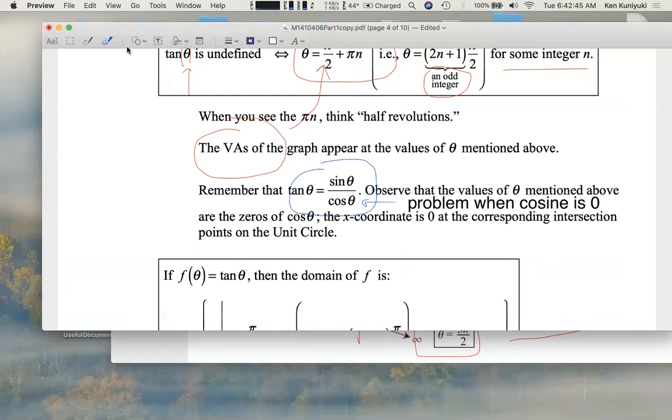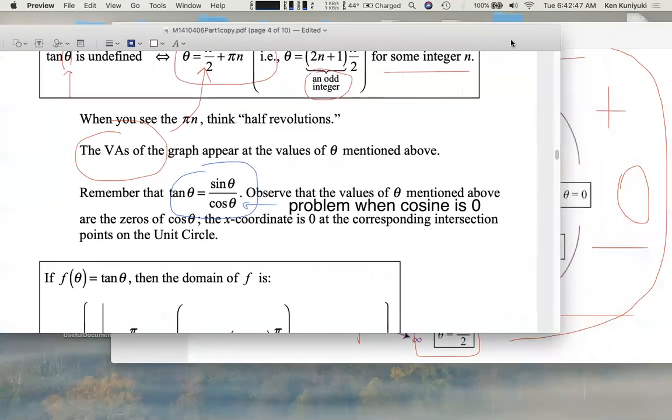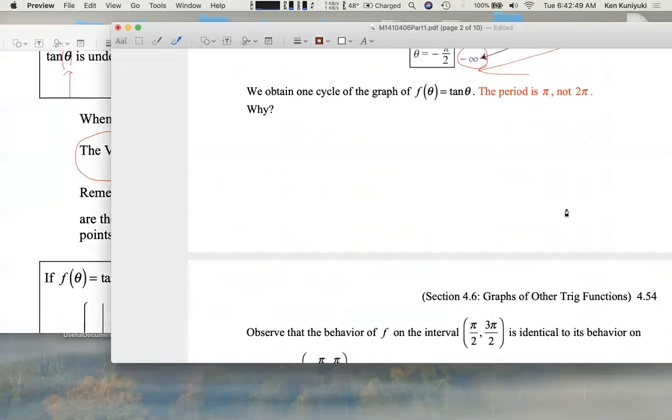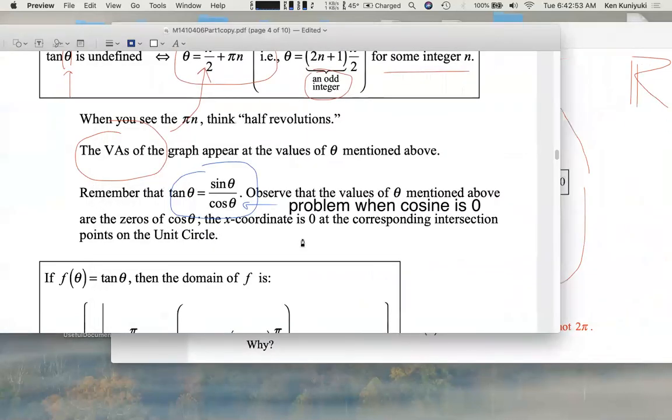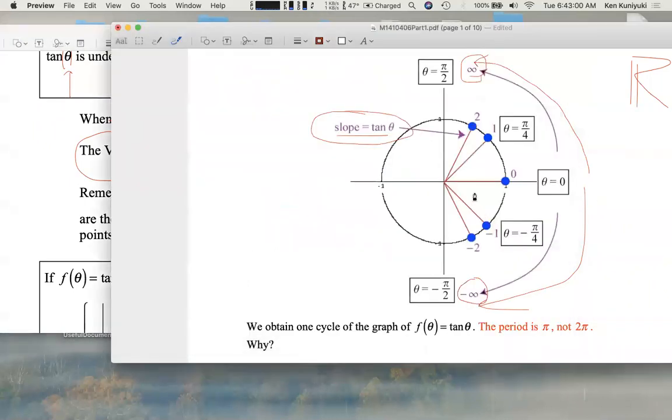Well, think about the unit circle again. Where is cosine equal to 0? Cosine is like the x-coordinate on the unit circle. Well, where's the x-coordinate equal to 0? Again, up at the North Pole and at the South Pole.